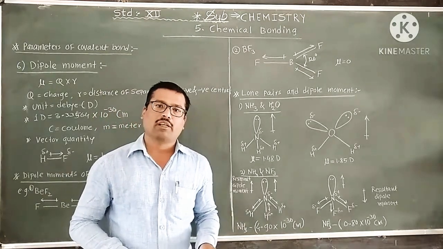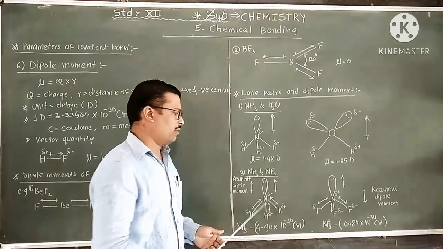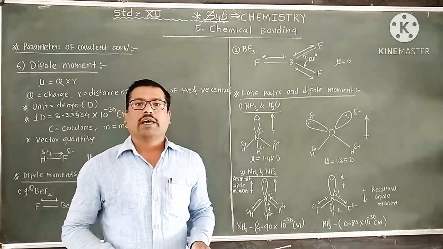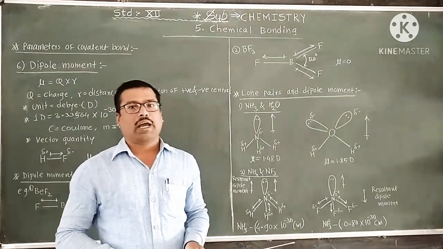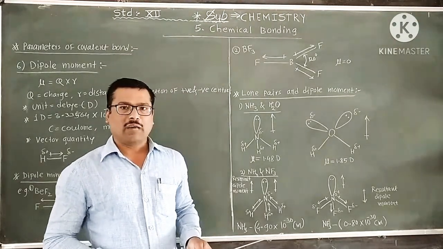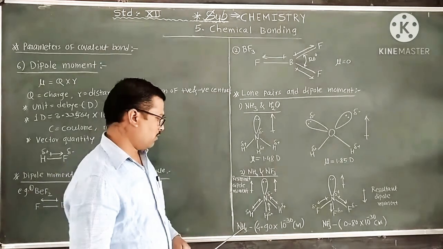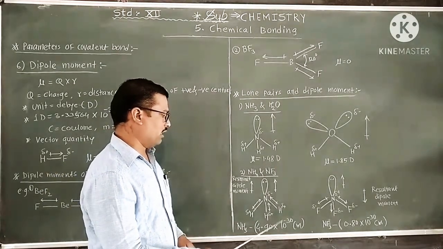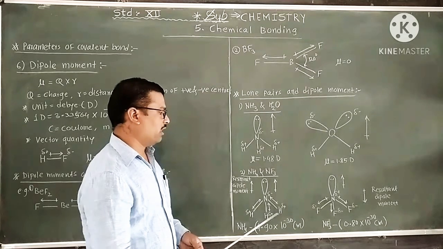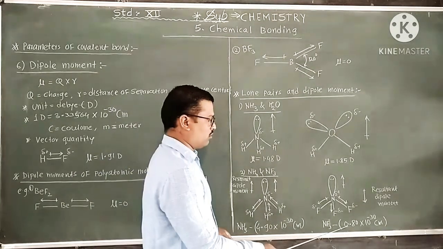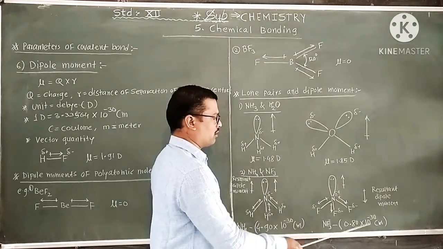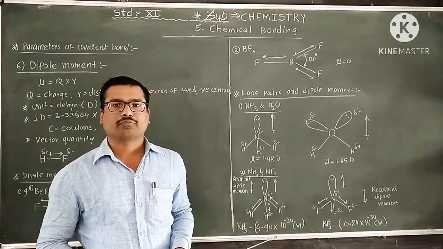Both have a pyramidal shape, with a lone pair of electrons on the nitrogen atom. The resultant dipole moment of NH3 is about 4.90 into 10 raised to minus 30 coulomb meter, whereas in the NF3 molecule it is 0.18 into 10 raised to minus 30 coulomb meter.